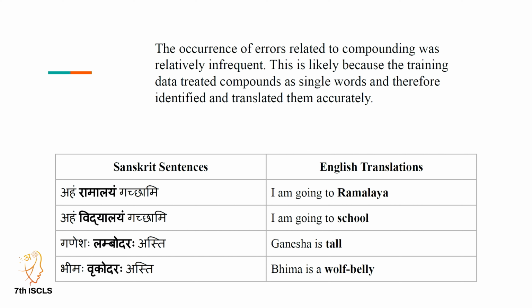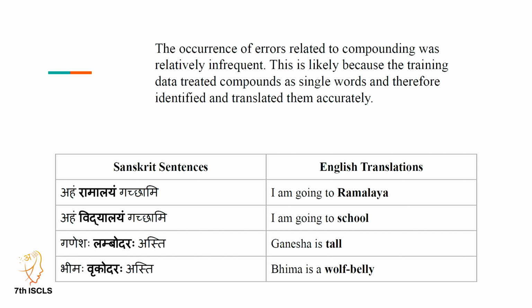We also observed that errors related to compounds were relatively fewer compared to polysemy and other errors. This is because compounds were mostly identified as single words and translated accurately. For example, we also checked with simpler sentences where we said, Aham Ramalayam Gachami, I am going to Ramalaya.